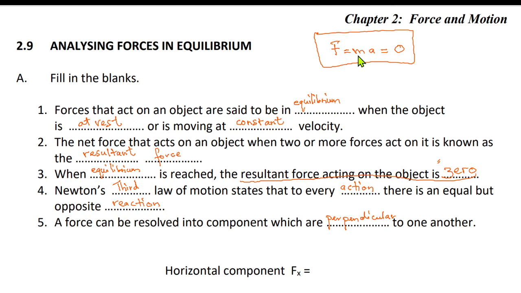Can M be 0? I don't think so. The only thing that can be 0 is A. So A is 0, the acceleration is 0. Therefore, our resultant force is 0. So if A is 0, then we have constant velocity. It also refers to an object at rest. Alright.